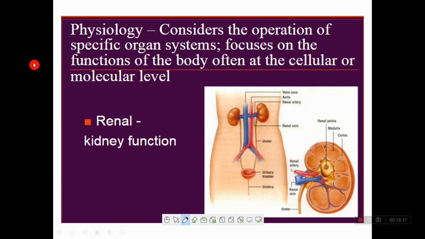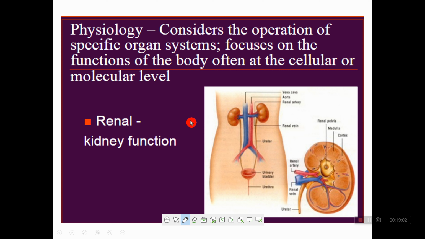Moving on. Now, what is physiology? Physiology considers the operation of specific organ systems, or I can say physiology focuses on the functions performed by the different internal structures of the body.